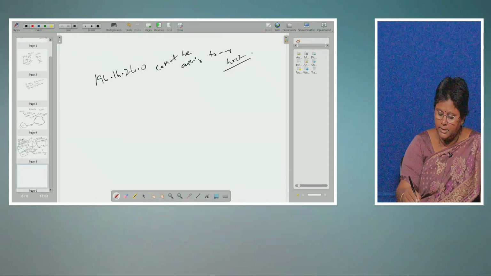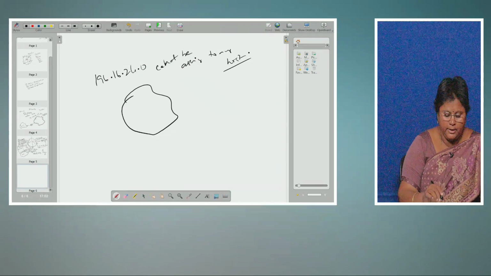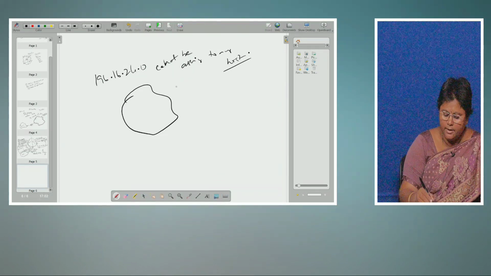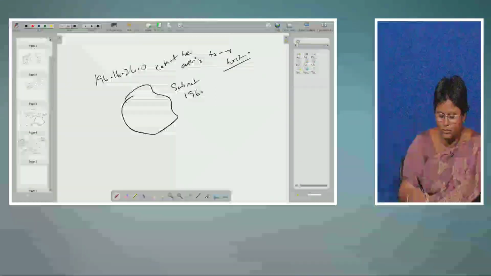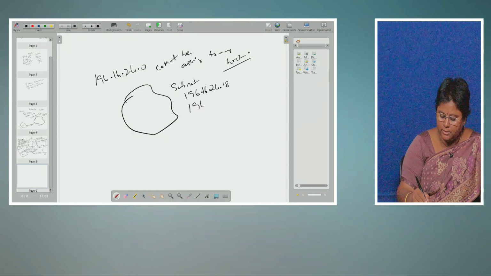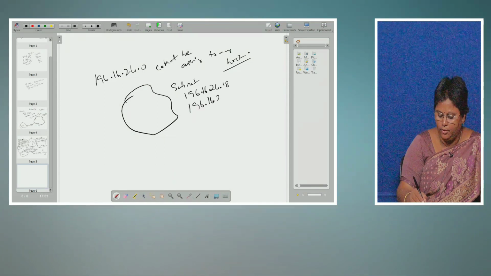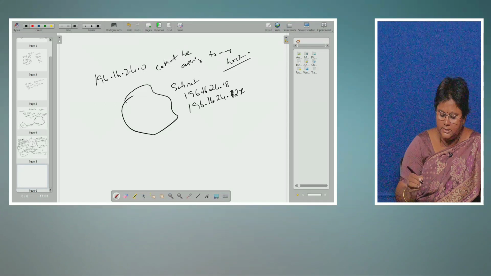Why can it not be assigned to any host? Because it is representing your network, so it cannot be assigned. So the first IP address in subnet 1 is 196.16.24.1, going up to 196.16.24.127.